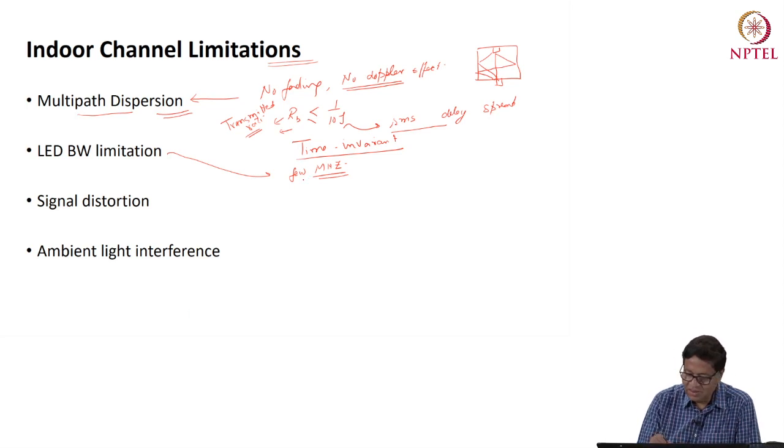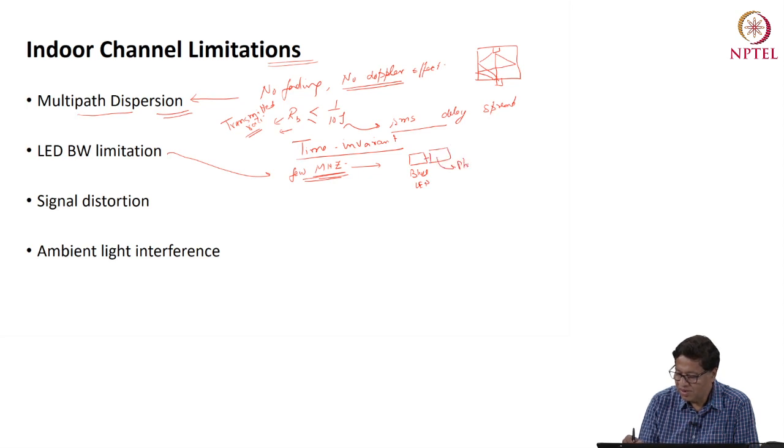So what actually happens in a commercial LED is that there is a blue color LED, and then you have some phosphorus layer on top of it.